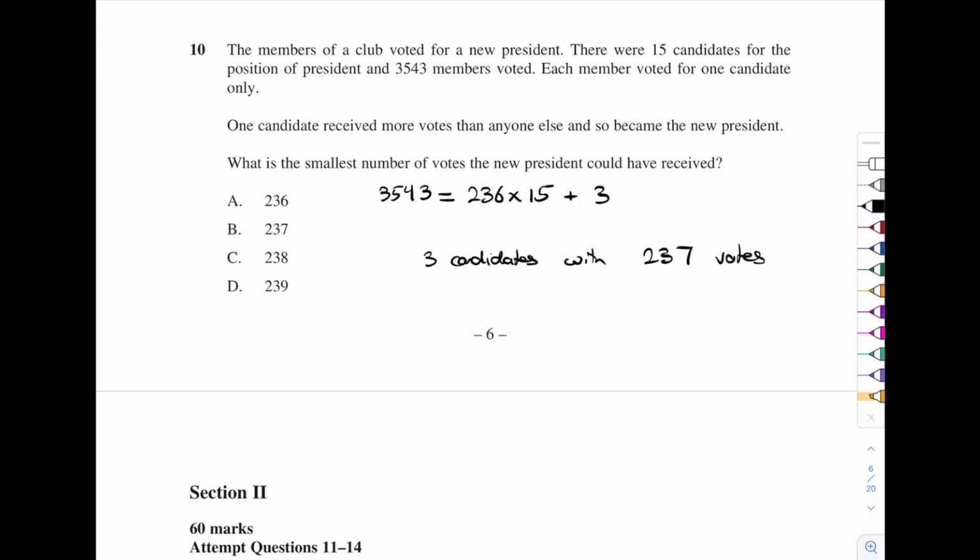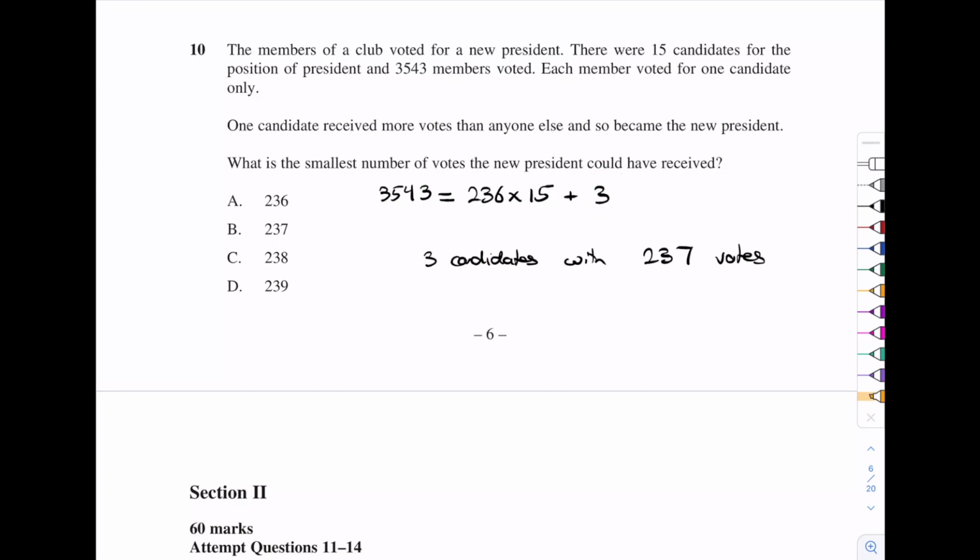And that's problematic because we're told in the question that one candidate received more votes than anybody else, which means that we do not want the winning person to be tied with anyone else. So how could we fix that? Well, we could give all 3 votes to the one person, in which case they'd have 239.